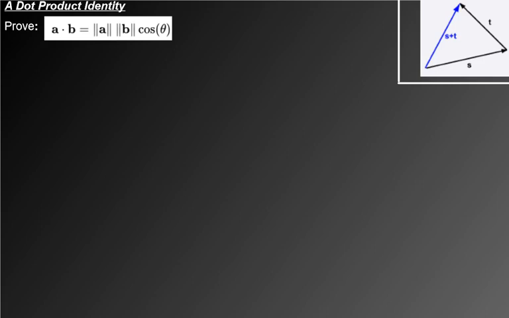Along that vein, if we have two vectors a and b, let's call this a, and let's call this b. Actually, I'm going to move my a to here. This dot product identity is going to help us find that angle. To really prove this, we're going to create a triangle just like I have over here.